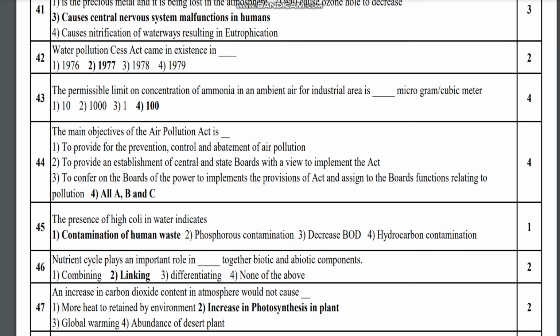Next, the permissible limit on concentration of ammonia in ambient air for an industrial area is 100 microgram per cubic meter.